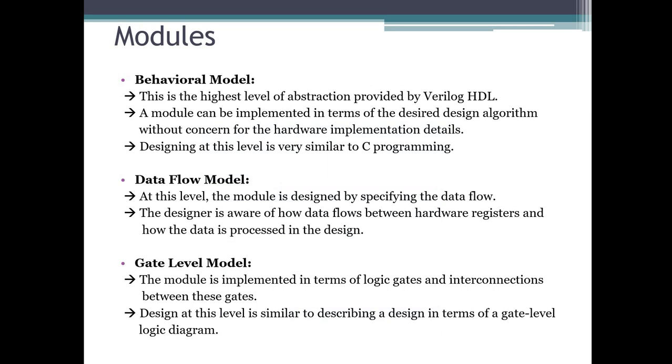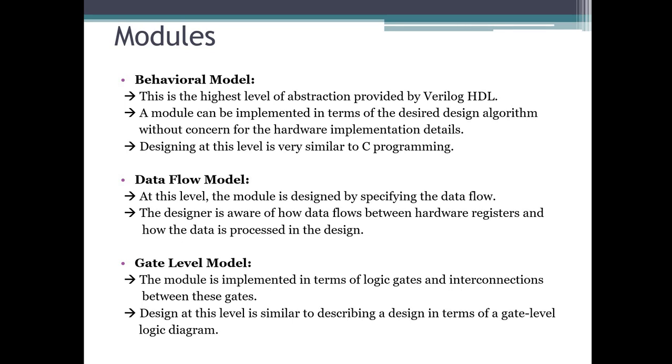Okay, so the first thing is the behavioral model. Let's understand what the behavioral model actually is. In Verilog, this is the highest level of abstraction provided by Verilog. If you know what exactly the design does, you can write the design in an algorithmic way.